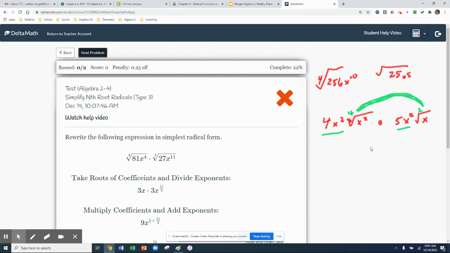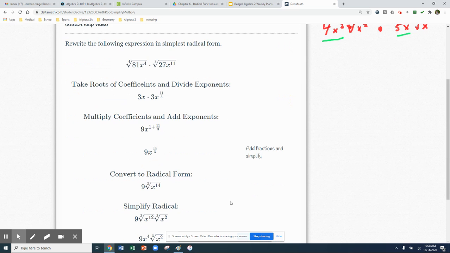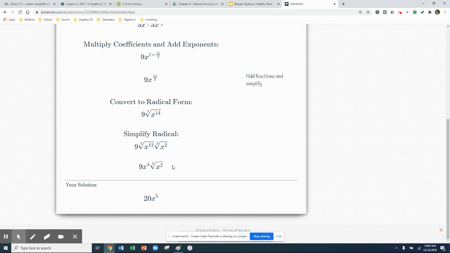I forgot I was doing your problem. Oh, okay. Yeah, I'm going to delete the type threes because that's something we'll talk about in section 4. Yeah. So this one, I already got it wrong.